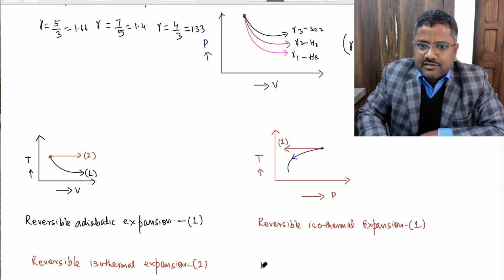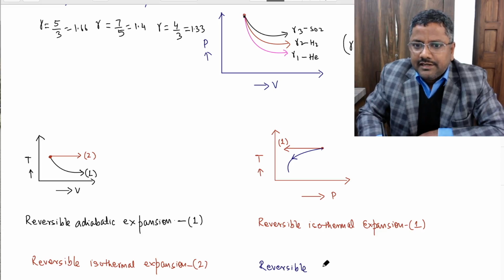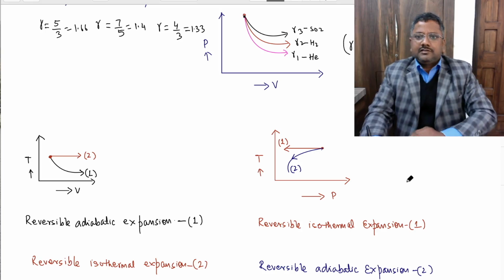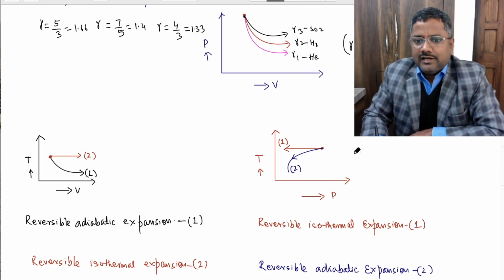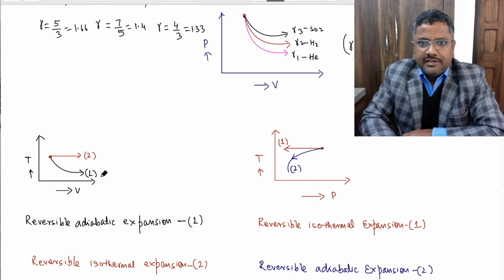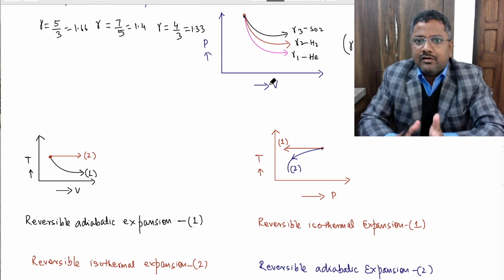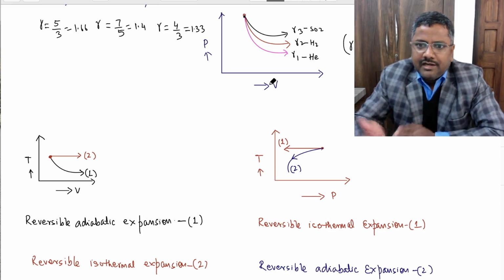So this is reversible adiabatic expansion. This is plot 2, right? So in this way, you can explain adiabatic expansion on the PV plot, on the TV plot, on the TP plot, and every point is justified.